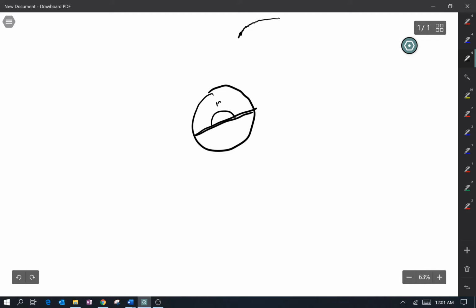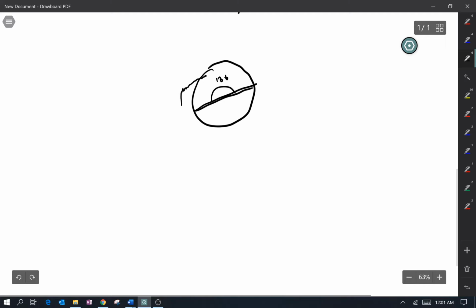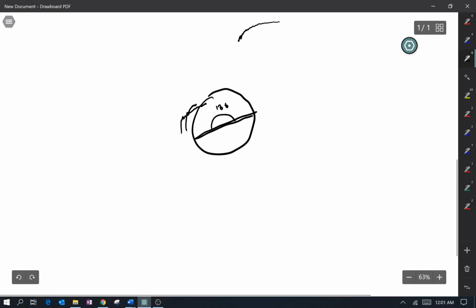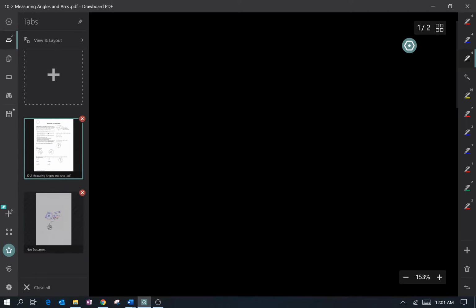This angle is 180 degrees, and this arc is 180 degrees. The angle is 180 degrees, and the arc is 180 degrees. So a half circle is always 180 degrees, right?